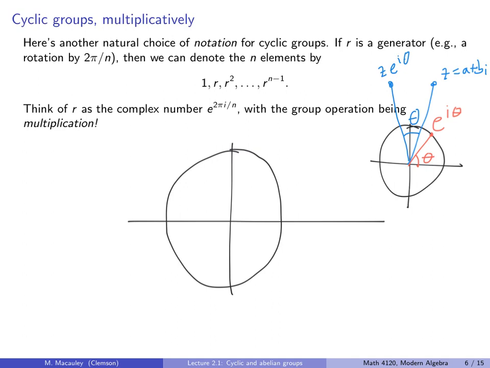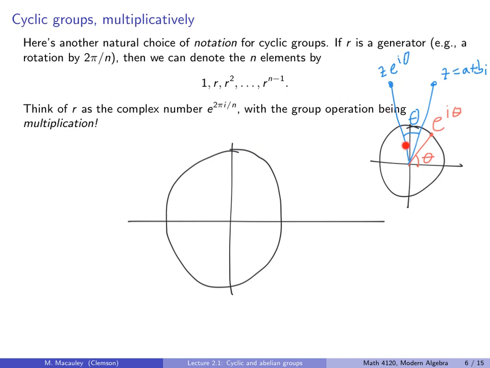In general, anytime you multiply complex numbers in the plane, their lengths multiply. So the norm of this number is the norm of this times the norm of that. And by the way, this has length 1. And the angles add.